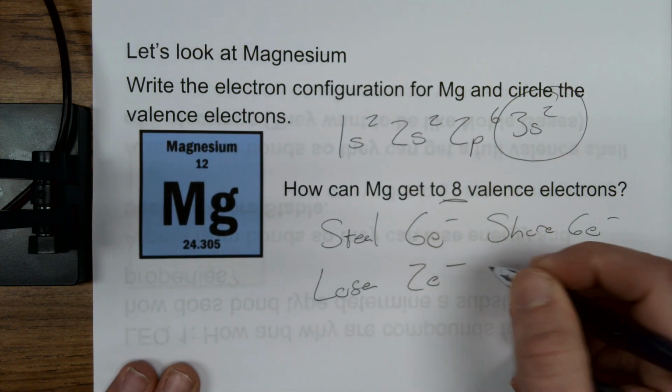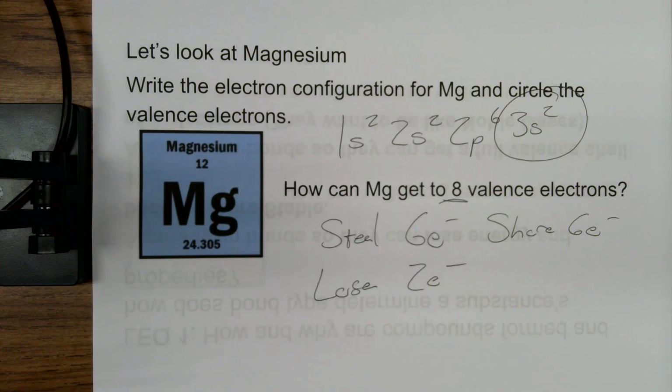Magnesium has really 2 options. Magnesium can steal or share 6 electrons with something, or it can end up losing 2 electrons and still get to that more stable energy level. Which one do you think is going to be easier for magnesium to do?